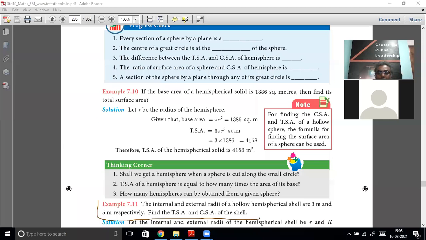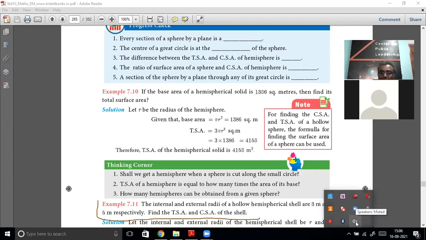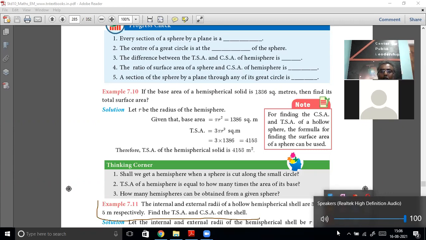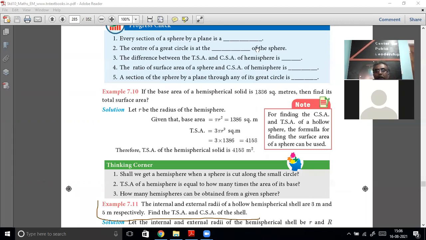Still no sound. Kaushik, are you able to hear me? Yes, sir. Okay, problem solved now. Let's go on.